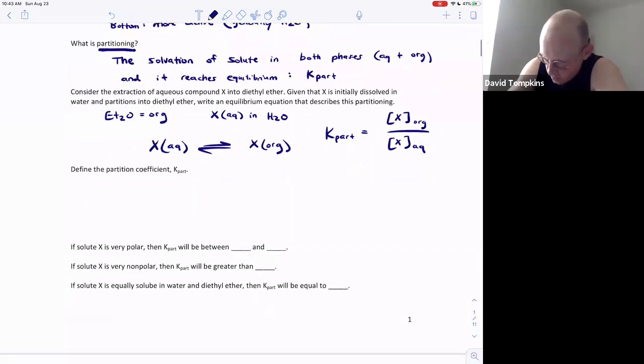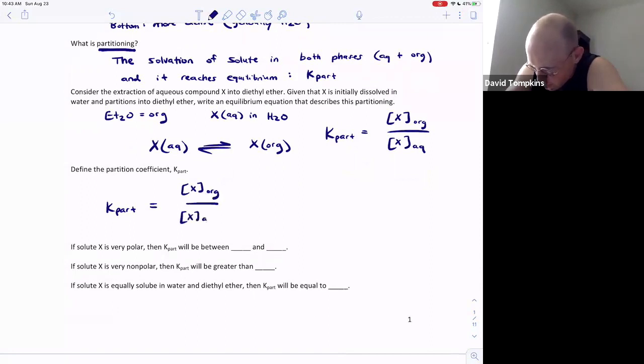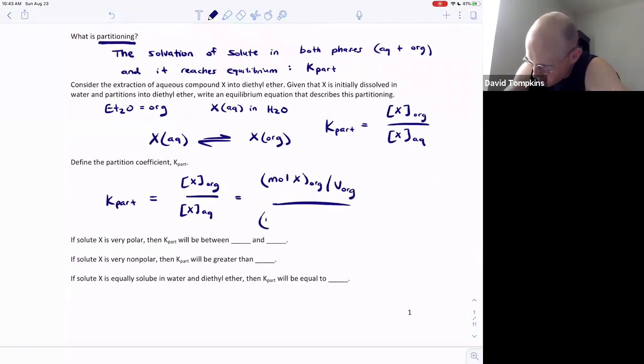Another, more explicit definition of Kpart is not just writing these bracket notations for concentration of X, but we can also write it as the moles of X soluble in the organic layer divided by the volume of the organic layer, over the moles of X soluble in the aqueous layer over the volume of the aqueous layer.